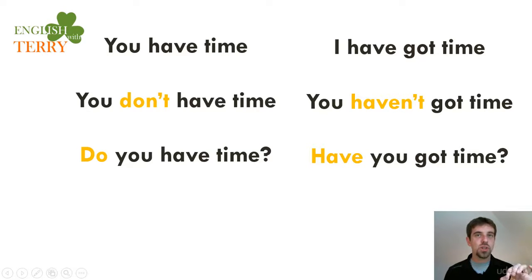This difference is crucial and essential. Look at the question. What's the difference? On one hand, we have, do you have, and then have you got. So sometimes have is like a normal verb, and sometimes it's like a modal, like a be verb.